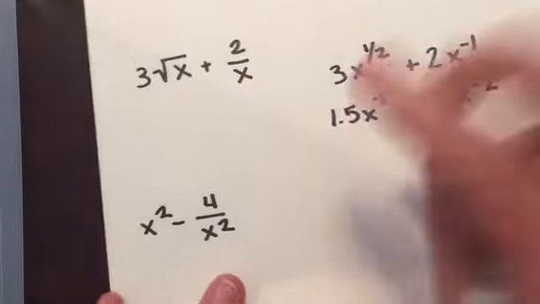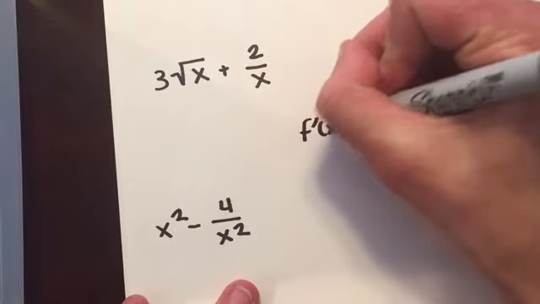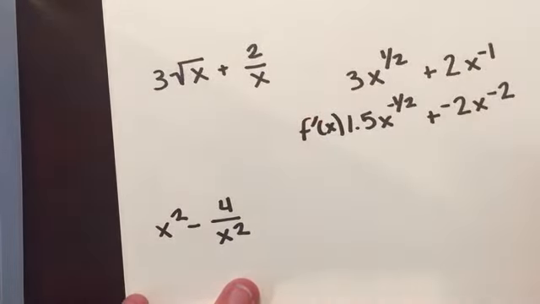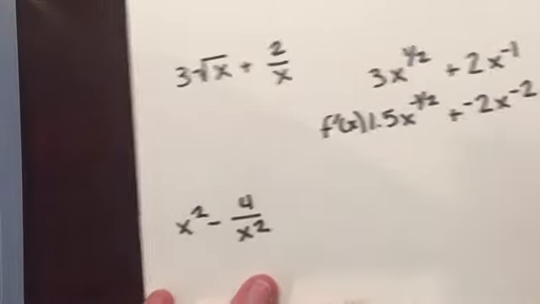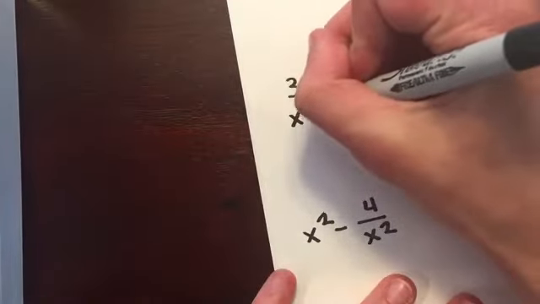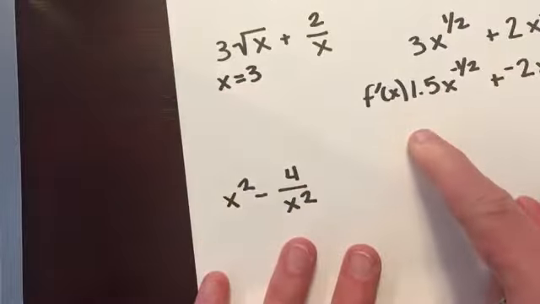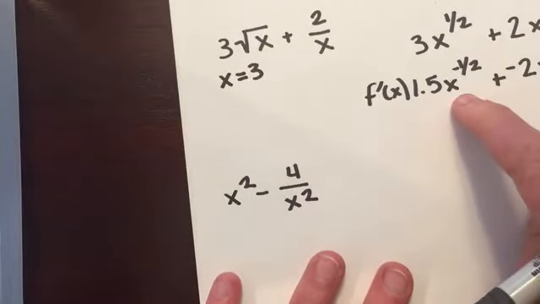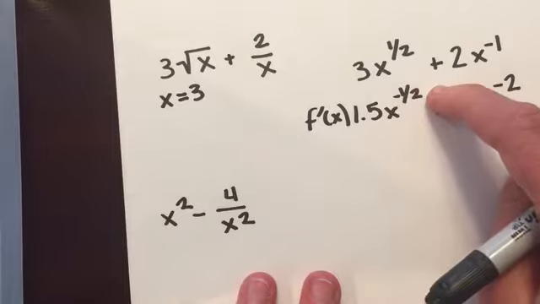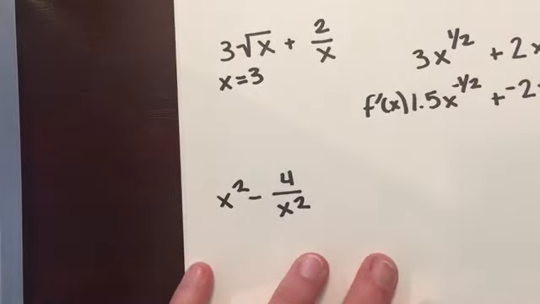Now using this equation, so this is f of x, f prime of x equals this equation. So you could plug in any value. So if x were equal to 3, we can plug in 3 at this point. So 3 to the negative 1/2 is 1 over the square root of 3.